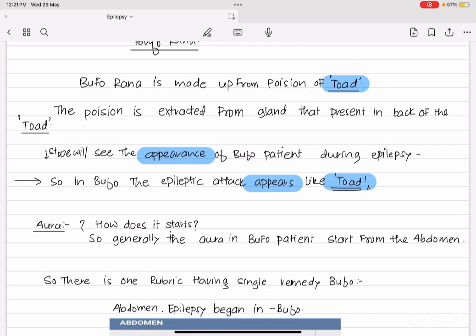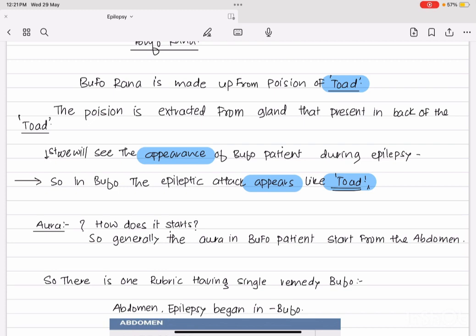So first we will discuss the appearance of the epileptic patient in an attack. When it comes to the Bufo rana patient, the epileptic attack looks like a frog itself. Generally his hands are bent at the elbow, his palms turn outwardly. The same is related with the legs also.